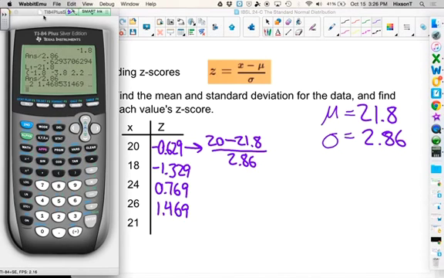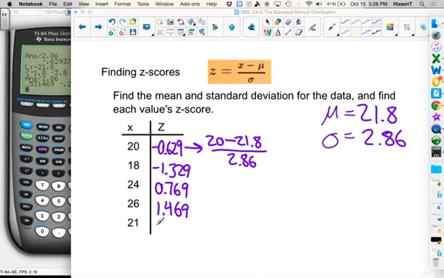And then the last one, negative 0.280. Okay? Those are all our z-scores. Notice all the ones that are below the mean are negative. All the ones above the mean are positive.